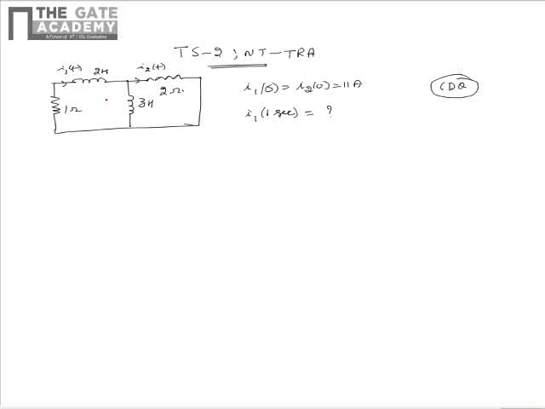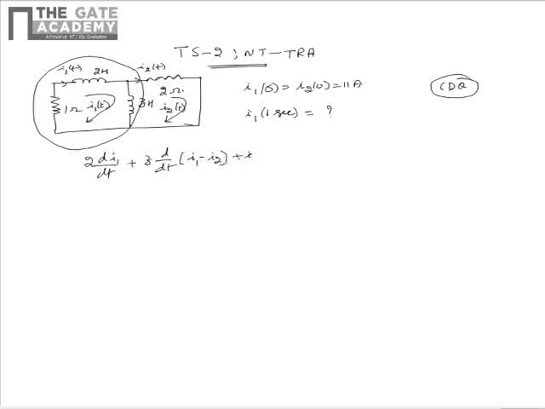So from the given circuit we see that the circuit can be viewed as two meshes, and each of the meshes carries a current of i1(t) and i2(t). Upon applying mesh analysis to both the meshes, the mesh equation corresponding to the first mesh can be written as 2 di1/dt + 3 d/dt (i1 - i2) + i1(t) = 0.